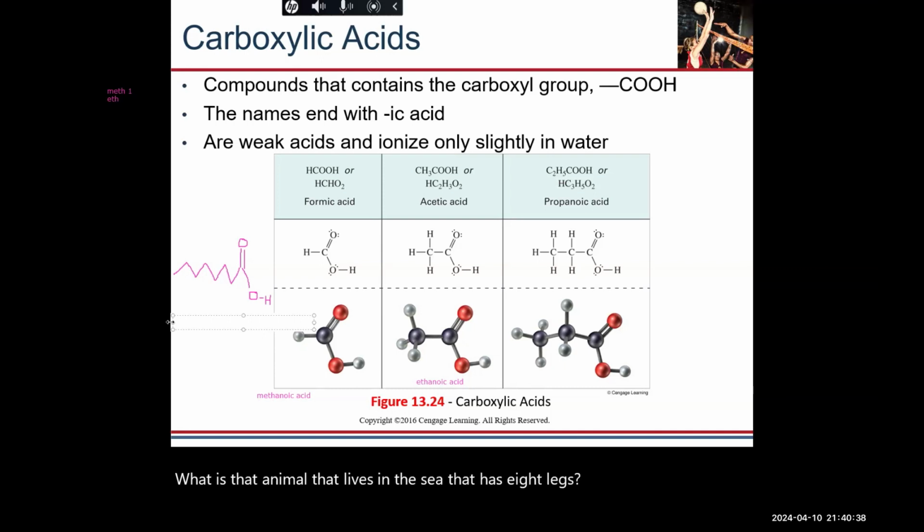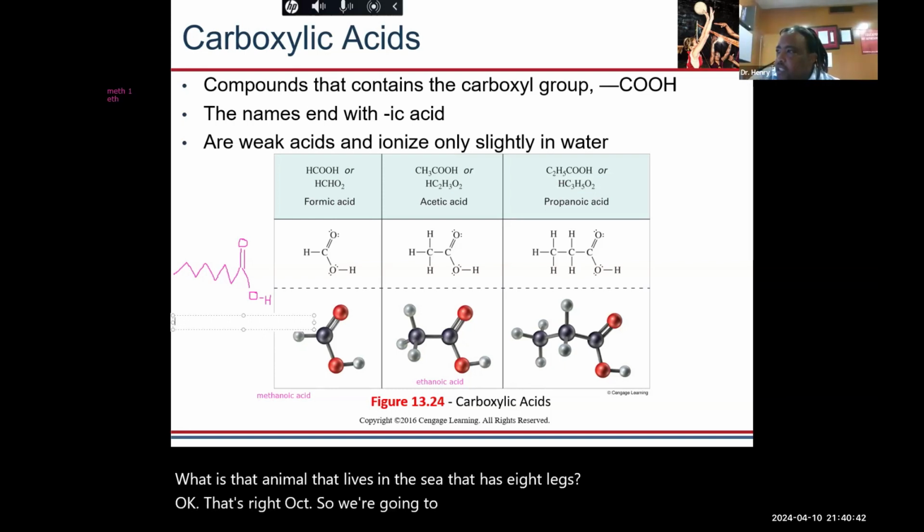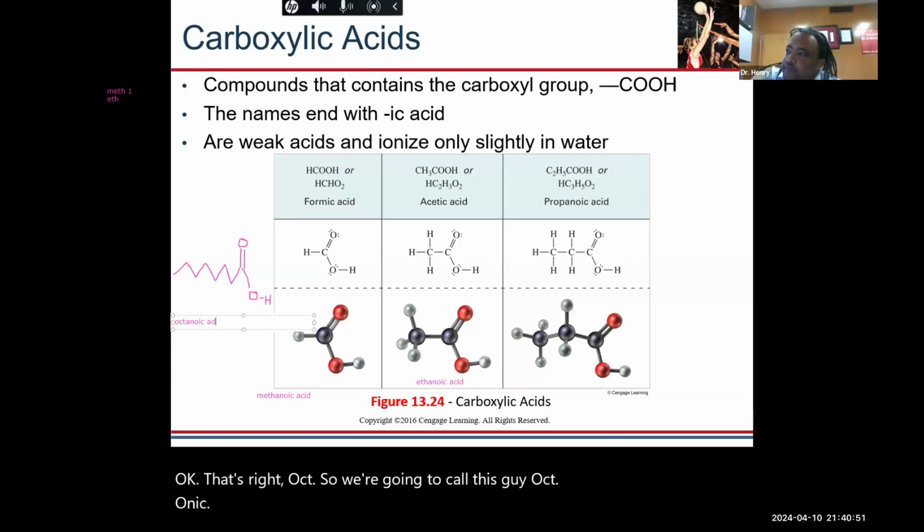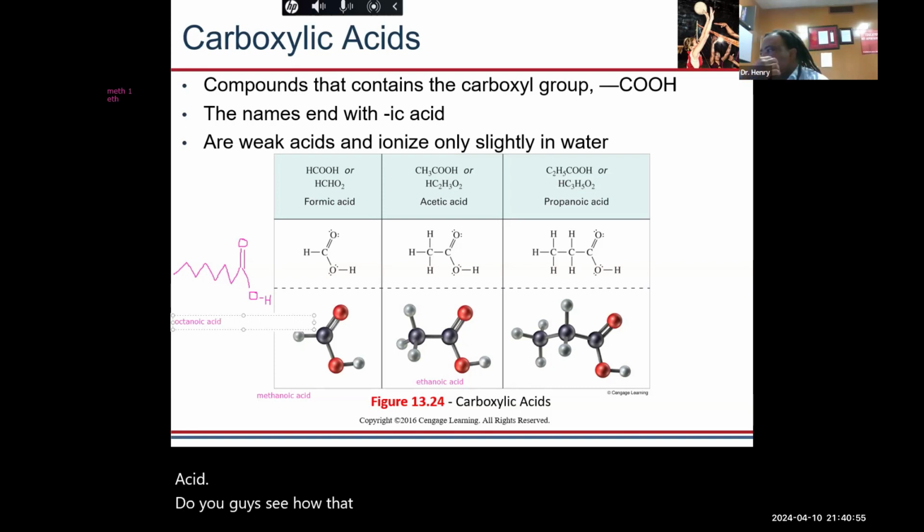Oct. Okay, that's right. We're going to call this one octanoic acid. Do you see how that works? Yes. Okay, so again, that's called IUPAC nomenclature.